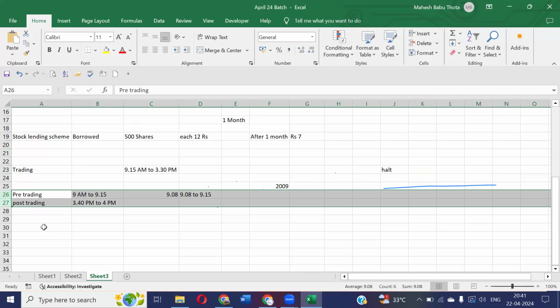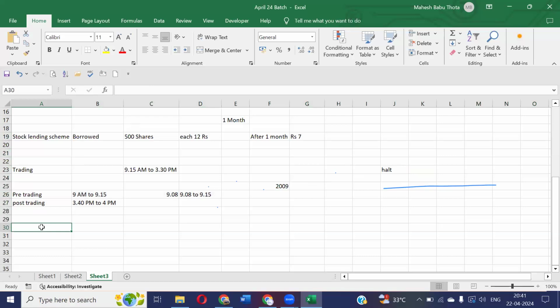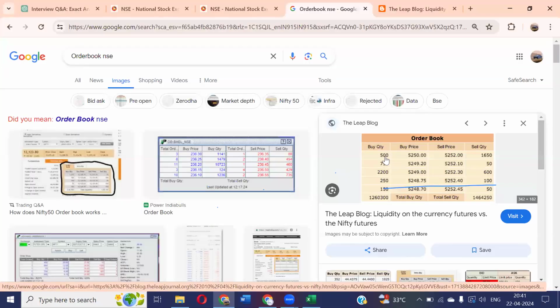Now, we will discuss a few more terminologies involved in the stock market. There is a concept called tick size. Already we discussed tick size in the primary market. It is nothing but the minimum difference between two orders. Let's take this order book example. Here there is a buy price of 5250.